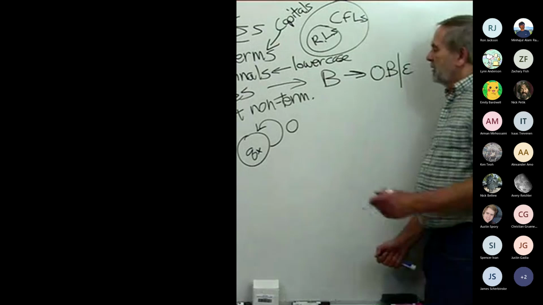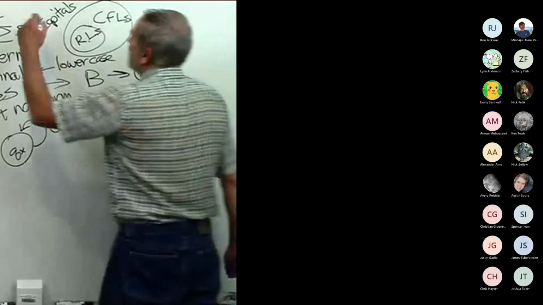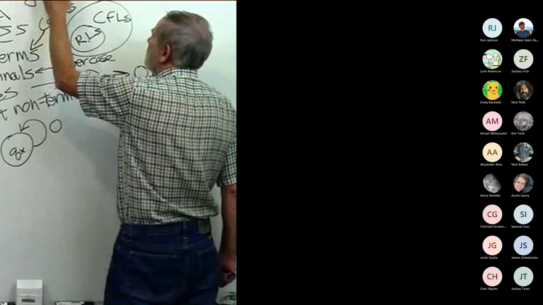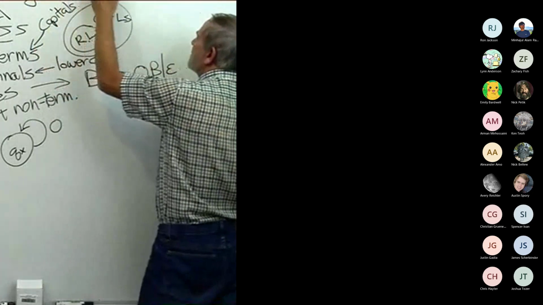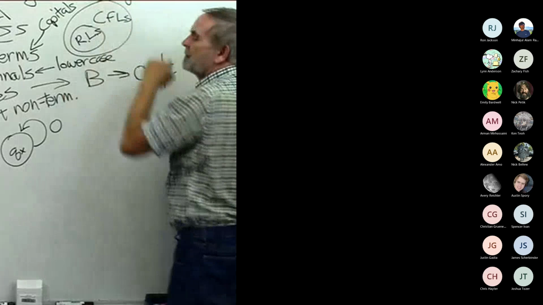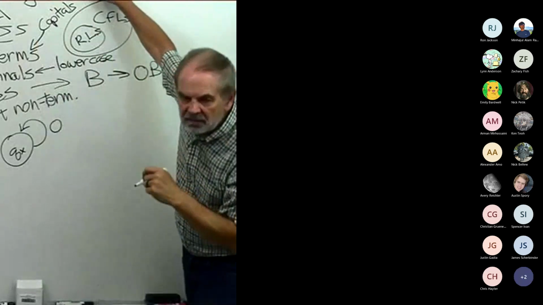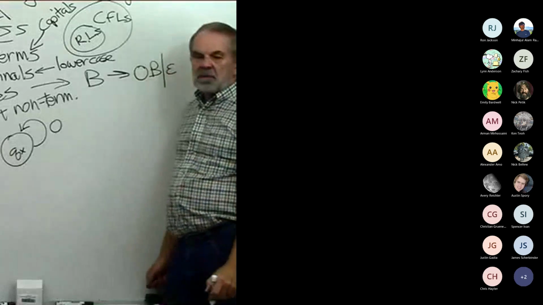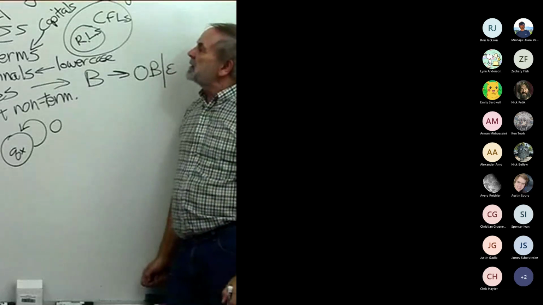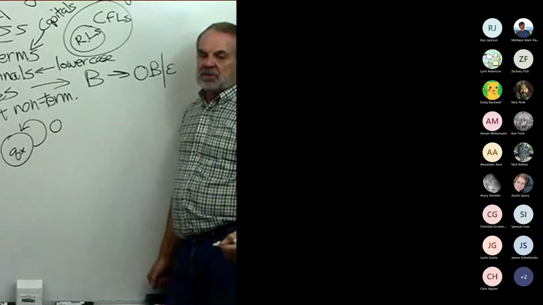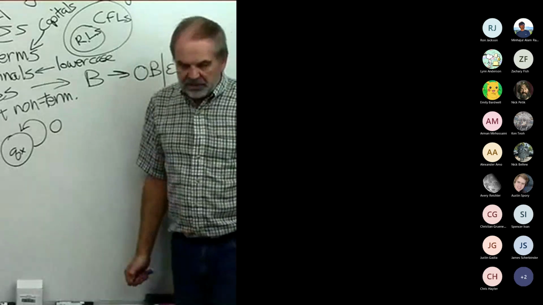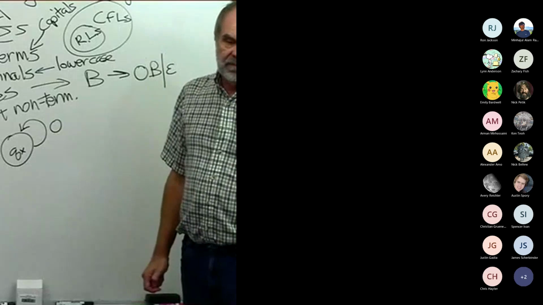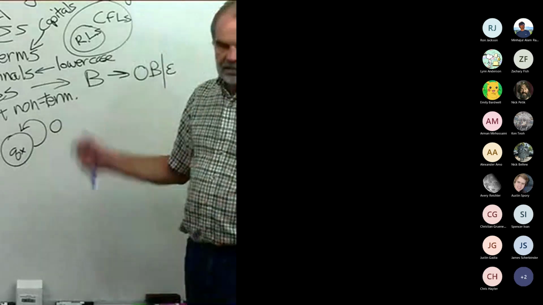We said CFGs generate strings. CFGs don't really accept strings in the same sense that we think of a DFA would accept or reject a string.